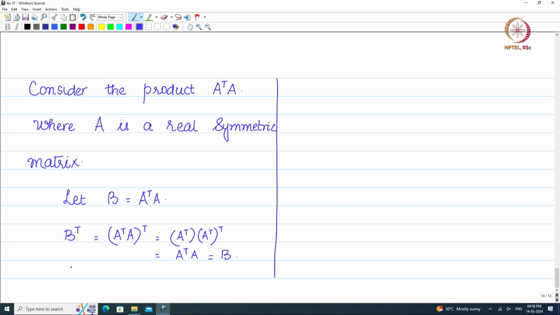We see that B transpose is equal to B, which means the product A transpose A, equal to B, is also a real symmetric matrix.